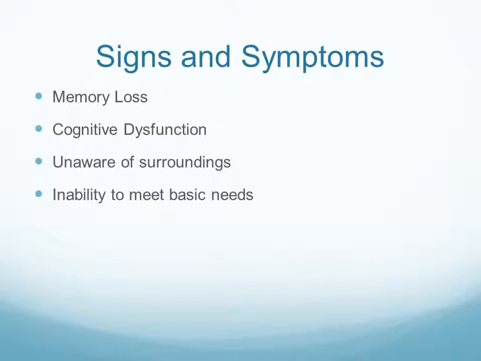Once diagnosed with Alzheimer's disease, patients are categorized into three stages based on severity. The first is mild Alzheimer's disease, which presents with memory loss and cognitive dysfunction, such as behavioral and personality fluctuations.